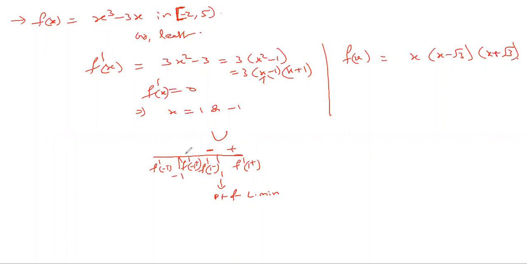Then what about negative 1? Negative 1 plus, let us take minus 0.999. It will be negative clearly.